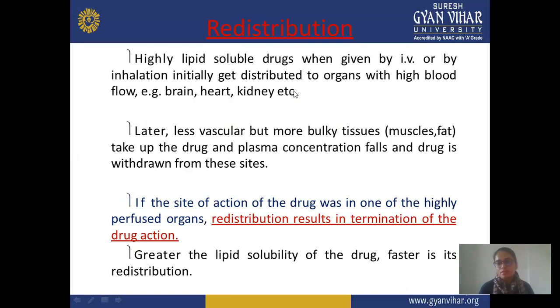Due to greater lipid solubility of the drug, the redistribution is faster. Suppose this is for a lipophilic drug, lipophilic in nature. In this condition, distribution is faster or absorption is more compared to a hydrophilic drug, due to its lipophilicity.